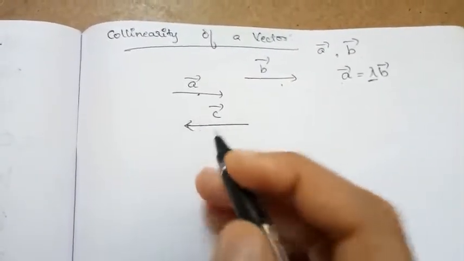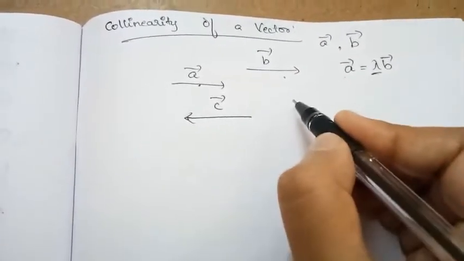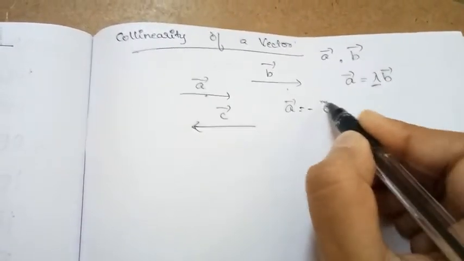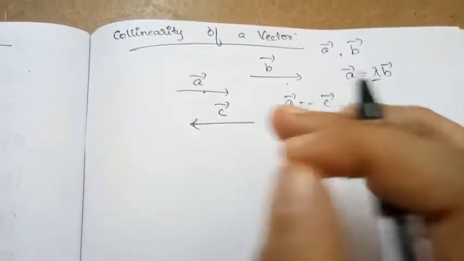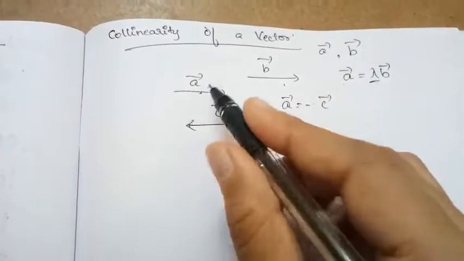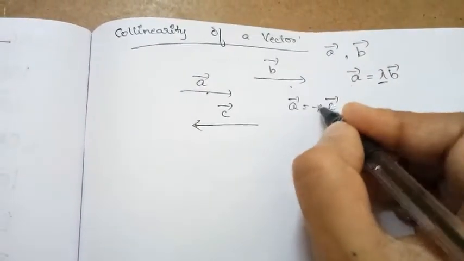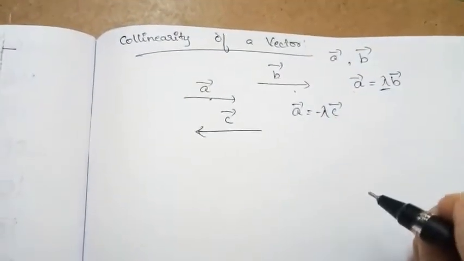So the opposite direction can be balanced by a negative sign, that is vector A is equal to some negative times vector C. The direction is balanced with the minus sign, but there is some magnitude too, so I will balance it with minus lambda.